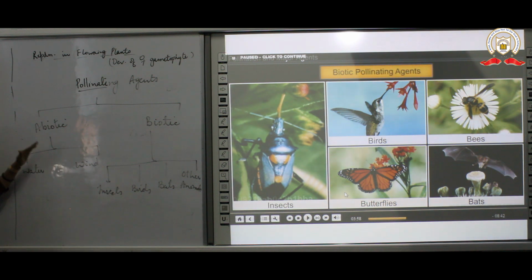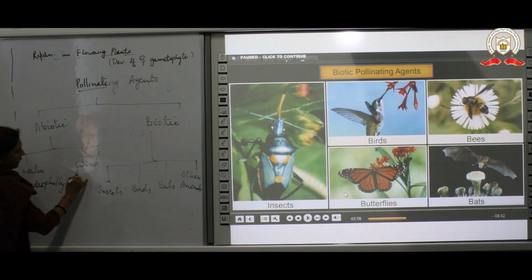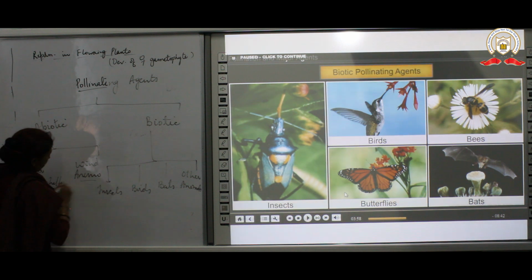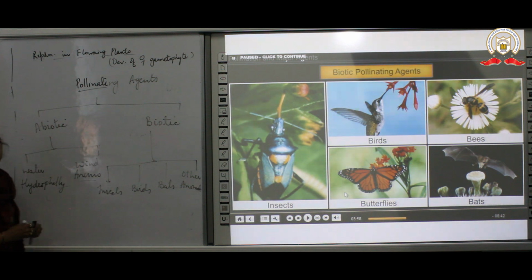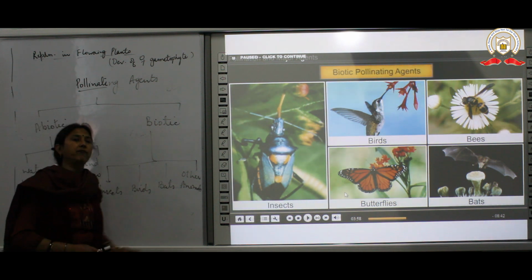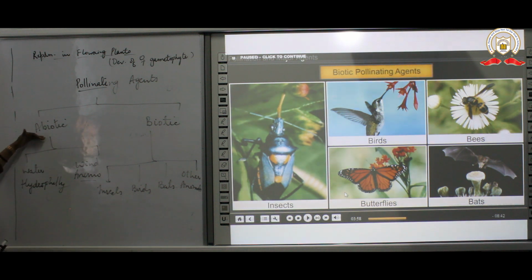When the pollination is occurring through water, we call it hydrophily. Hydro means water, hydrophily. Wind is anemophily. So you must remember what features should be exhibited by a flower which is pollinated by an abiotic agent, that is water or wind.